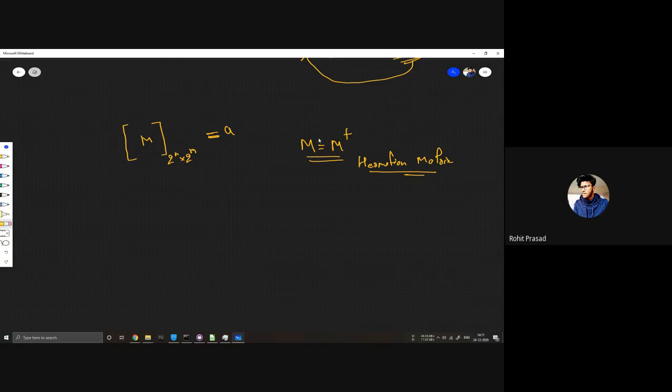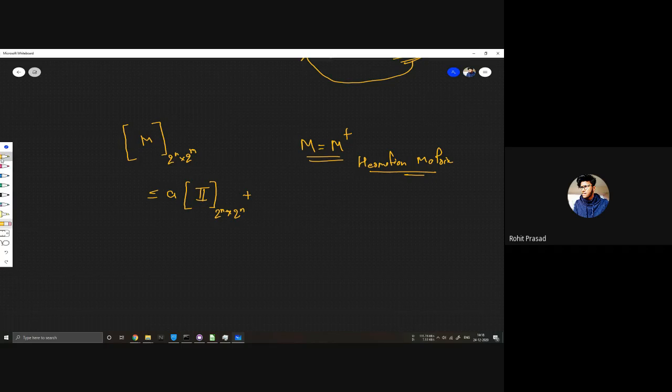Let's erase this one. It can be decomposed in the form of A times the identity of the same order, 2 to the power n cross 2 to the power n, plus B sigma x. No, let's not call it sigma x.